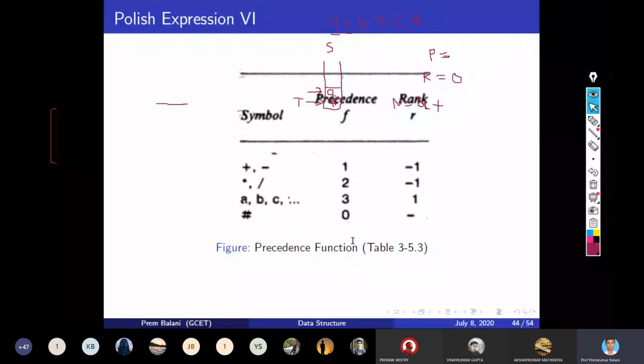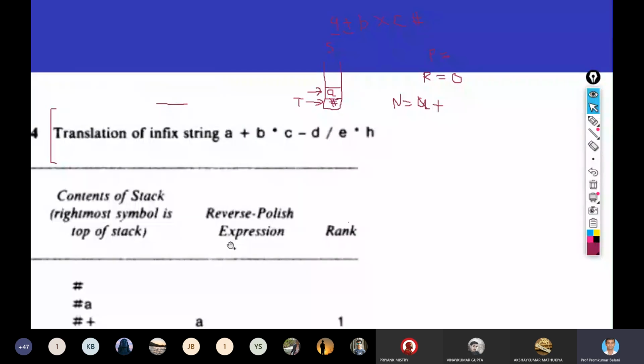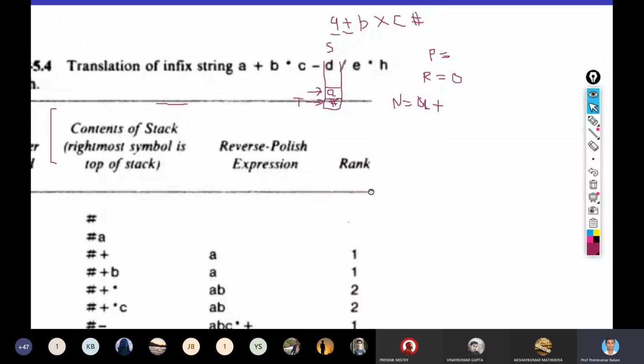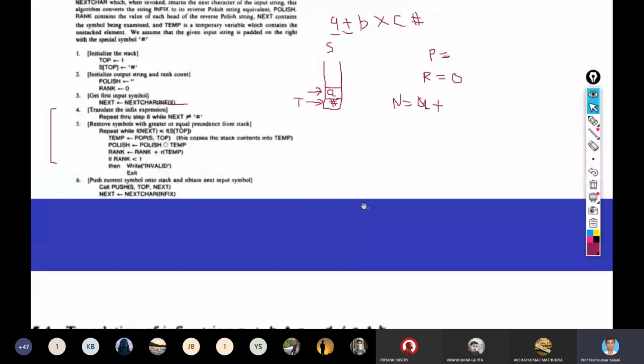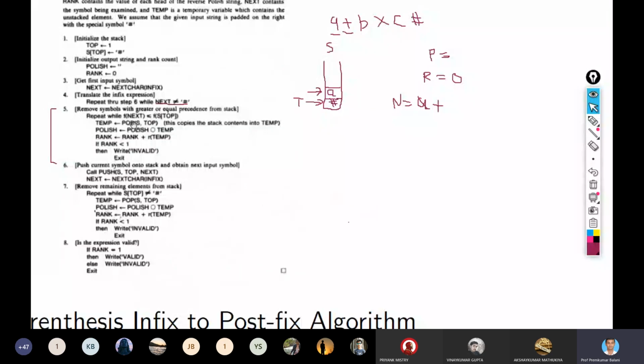So f of next is now 1 and f of top equals 3. So 1 is less than or equal to 3.